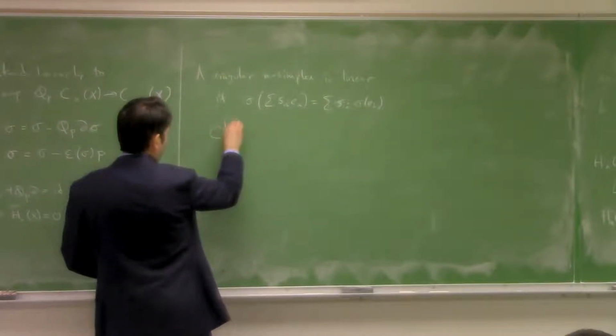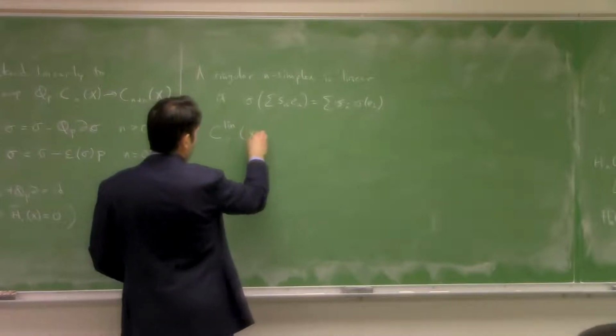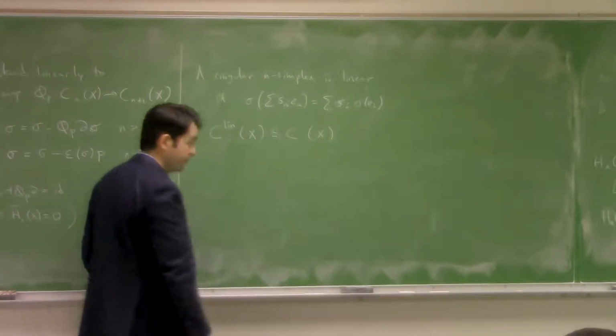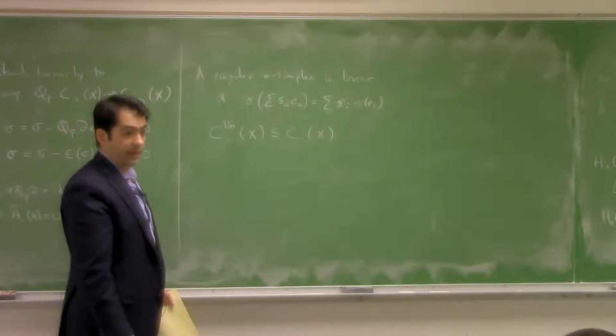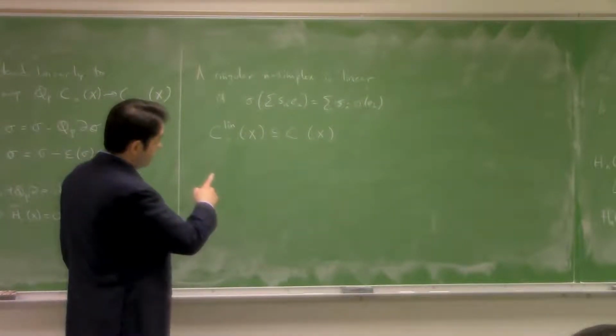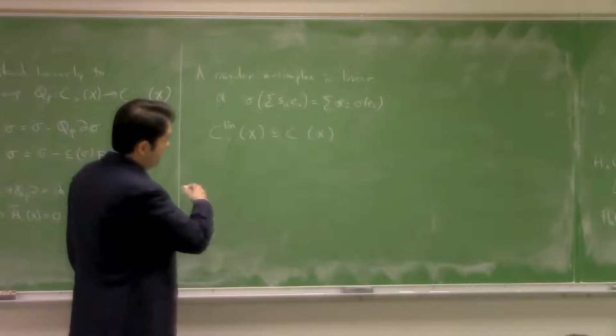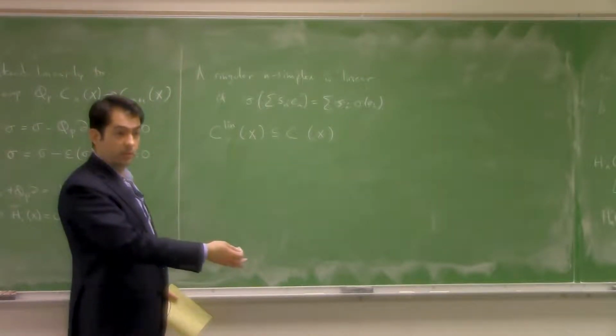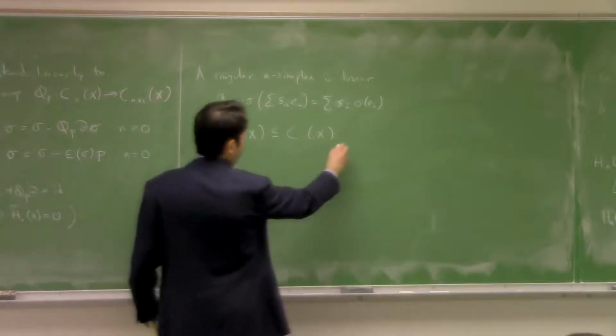This gives us a subgroup of the chains in X, and if it's linear, then the restriction to each face is a linear map, and so this is a subcomplex.